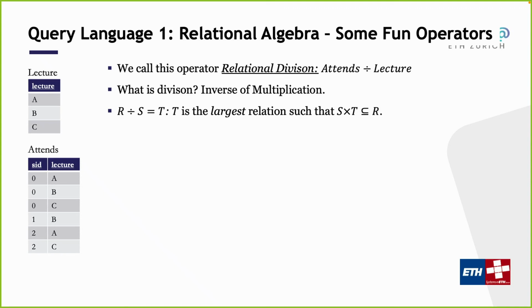So the best thing that we can do is we define the answer of the division as the largest relation such that S cross product T is a subset of R. Okay? And you can define it equally in a more operational way, right? So what is the division between R and S? What you are going to do is pretty much project R onto all the attributes that are in R but not in S, okay?